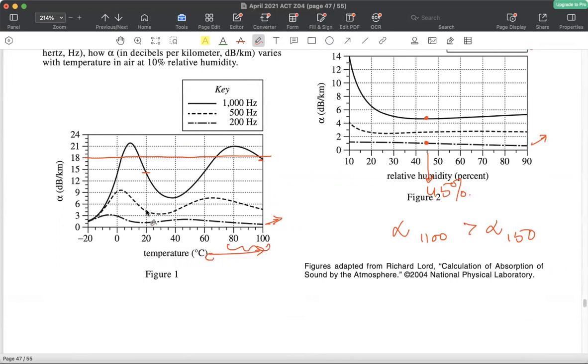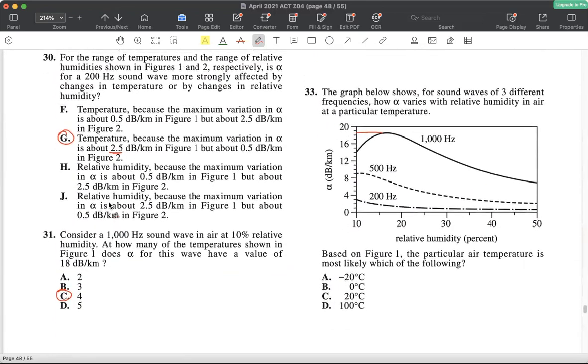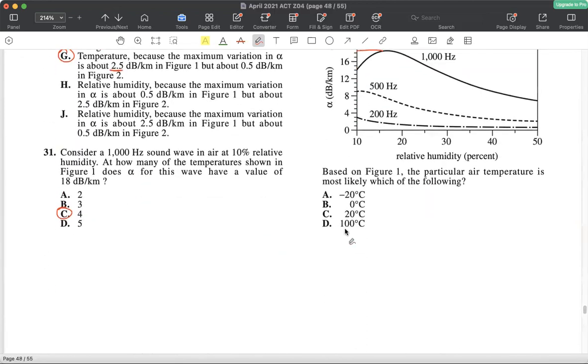Yeah, it's not 20. At 500 hertz, it was supposed to be 8, no? Wait, now I'm thinking it could be 0. Could it be 0 though? Yeah, it could be 0 now, I feel. Okay. What about 200? At 200, it's 3. Yeah, so it is 0. The values are closest for 0.